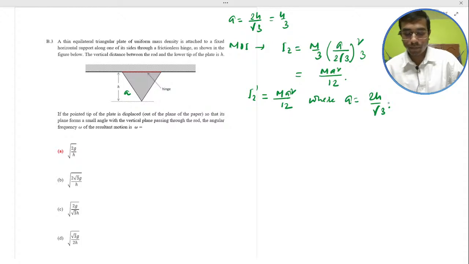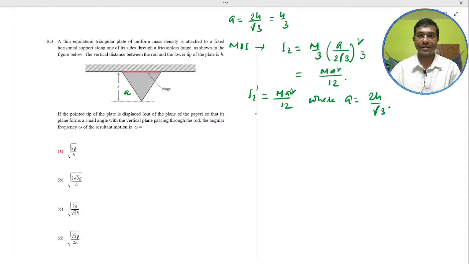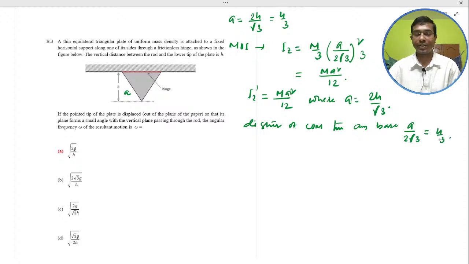So the distance of the center of mass from any base is a by twice root 3, that is equal to h by 3. Okay.